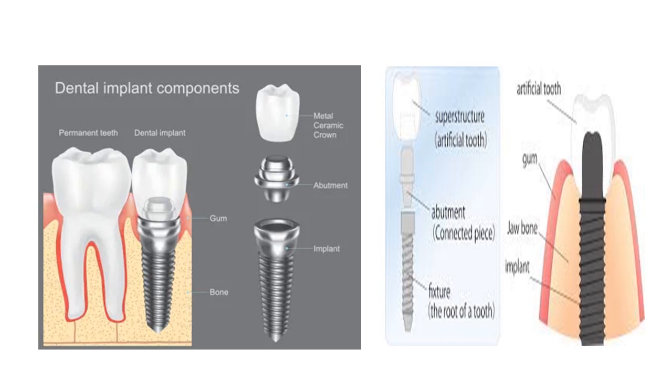In more detail, this is the superstructure, the artificial tooth, then the abutment, which is also the connection between the tooth and the implant. The implant has also been called a fixture or the root of a tooth, and this goes into the jawbone where it is surgically placed and given time to heal and bond directly to the bone, and after the whole healing process the artificial tooth is placed on top.